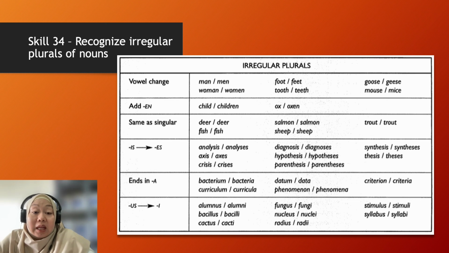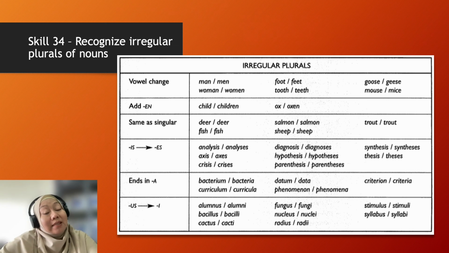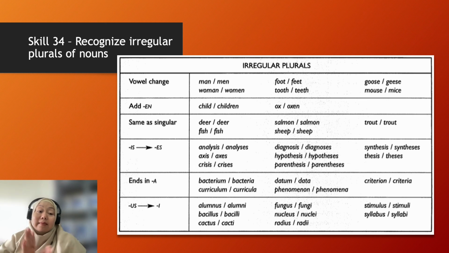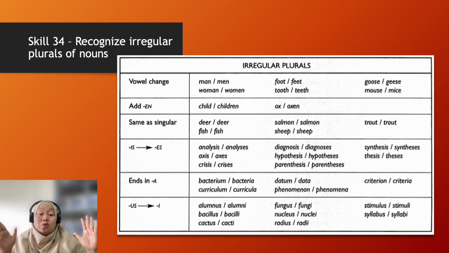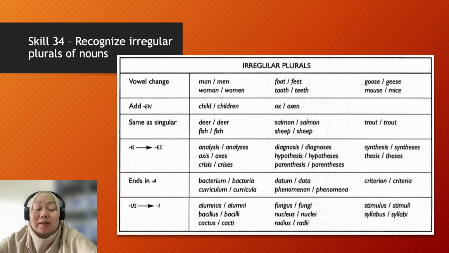For example, alumnus and alumni, bacillus, bacilli, cactus, cacti, fungus, fungi, nucleus, nuclei, radius, radii, stimulus, stimuli, syllabus, syllabi. Okay, so that is the change from the suffix us to suffix i. Okay, so that's recognizing irregular plurals of nouns.